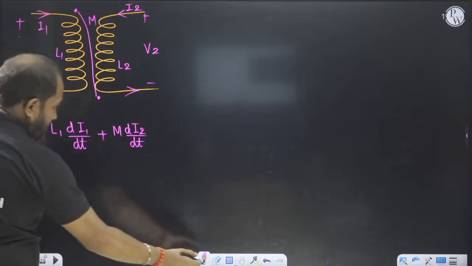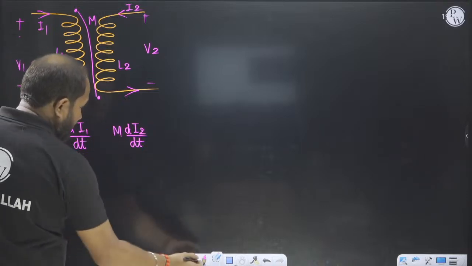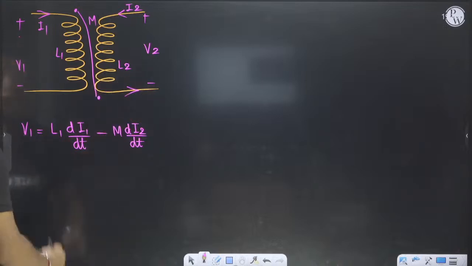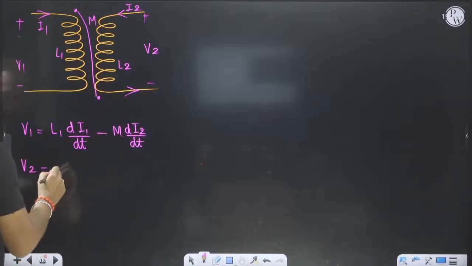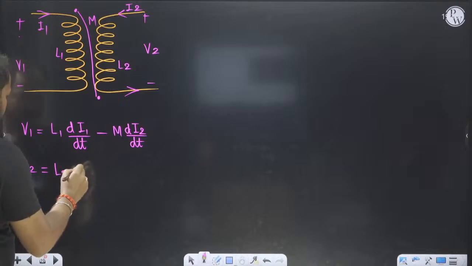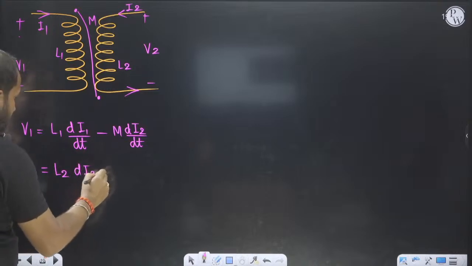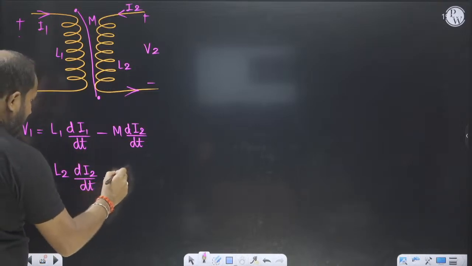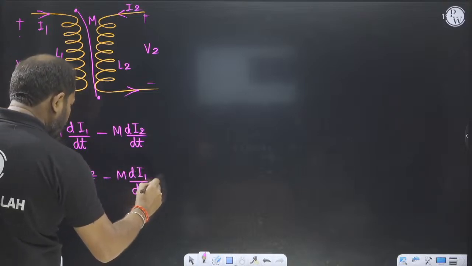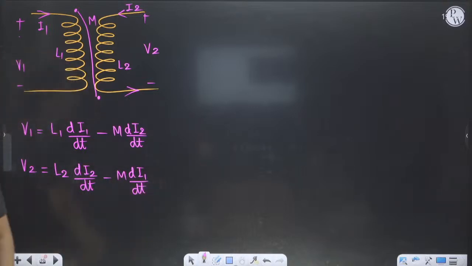This one is minus sign, so I will take minus because this one is entering and this one is leaving. V2 is equal to L2 di2 by dt minus M di1 by dt.